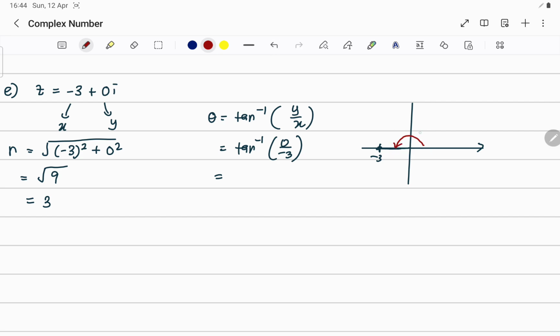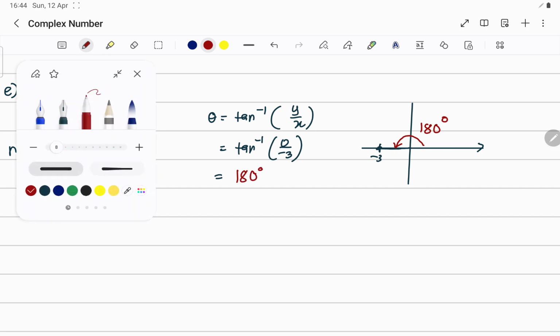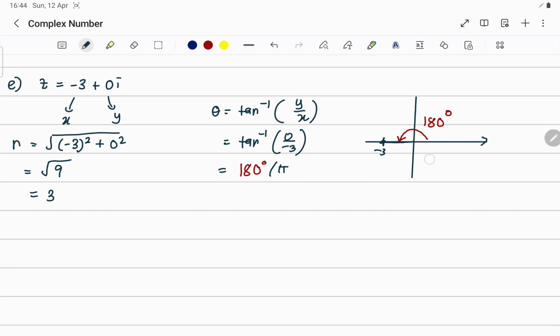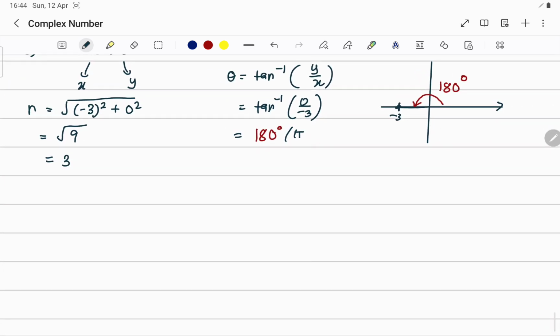If you see, the angle is equal to 180 degrees, or you can put it as pi as well. Both are accepted. So already you have your r, you already have your theta.